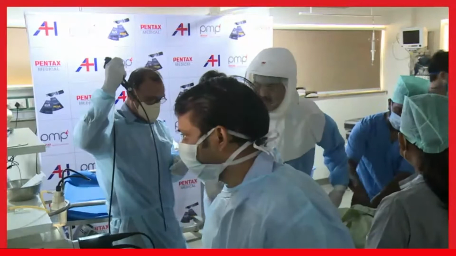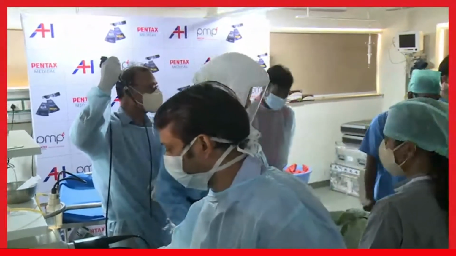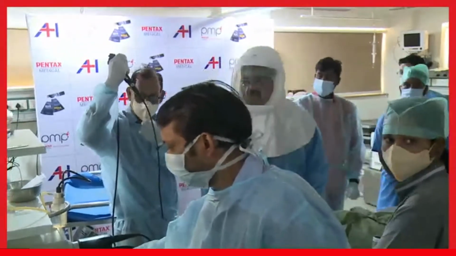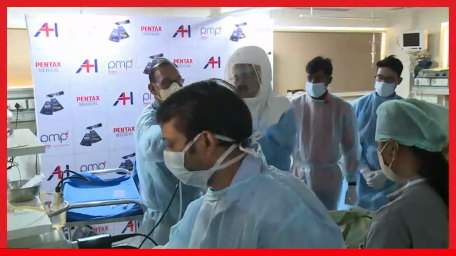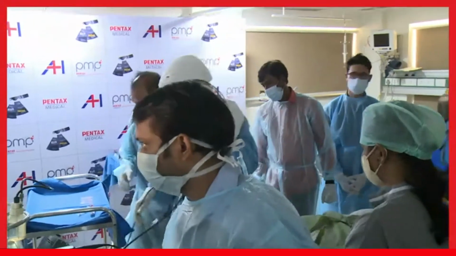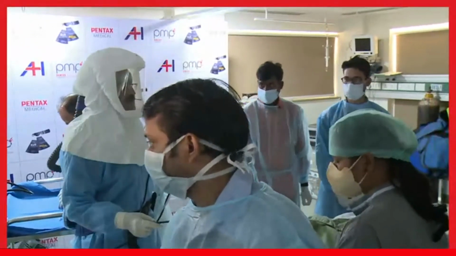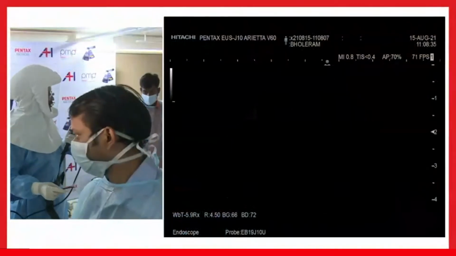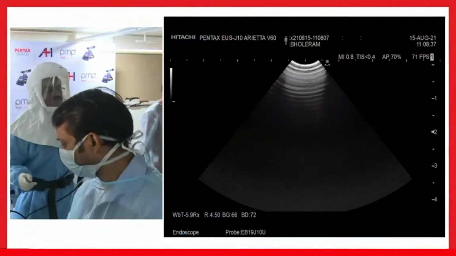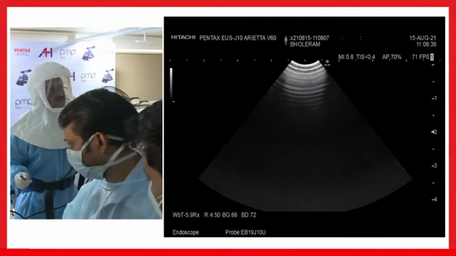So in the previous case, you have seen a very beautiful, very easy case, which had a large paratracheal lymph node, the 4R, and station 7 lymph node. But this patient is a little bit more difficult because he has post-COVID sequelae. His oxygen saturation is around 86 to 90%.